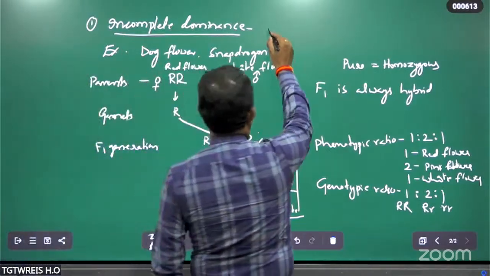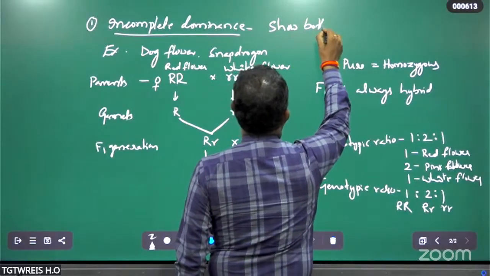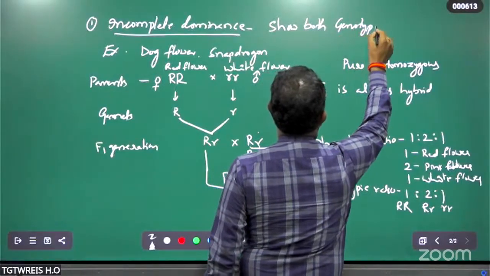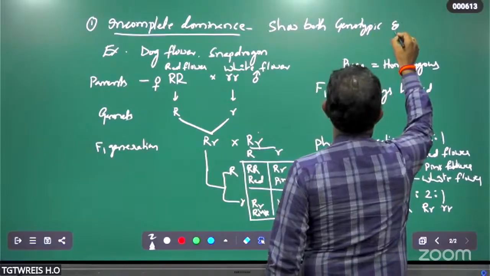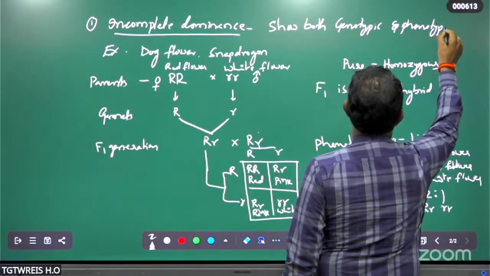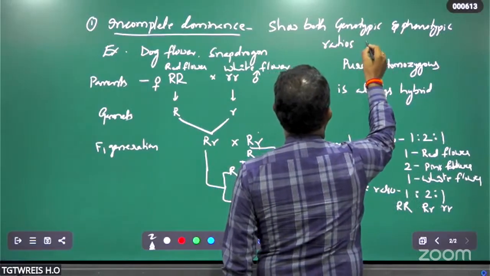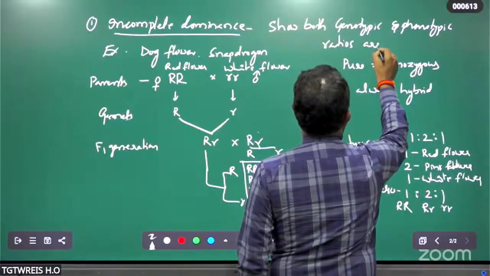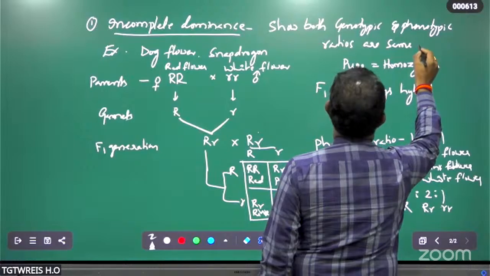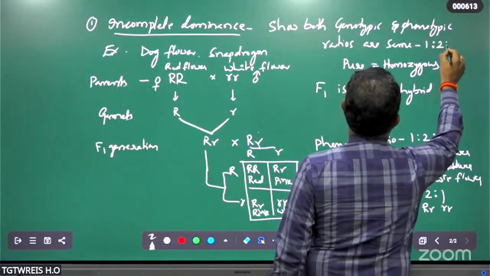Incomplete dominance shows both genotypic and phenotypic ratios are the same, that is 1:2:1.